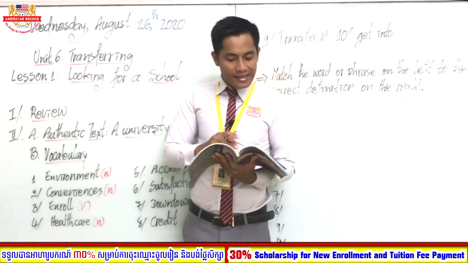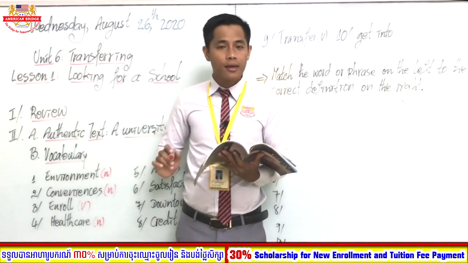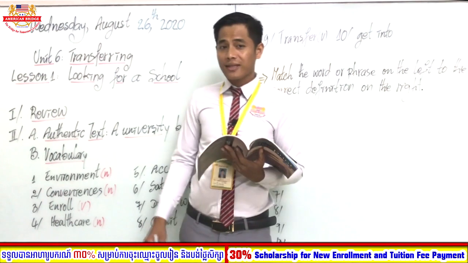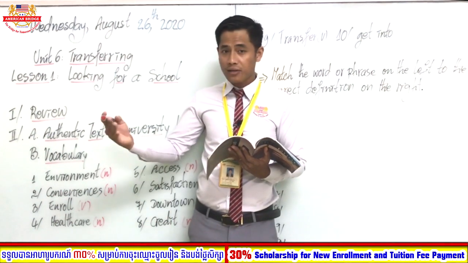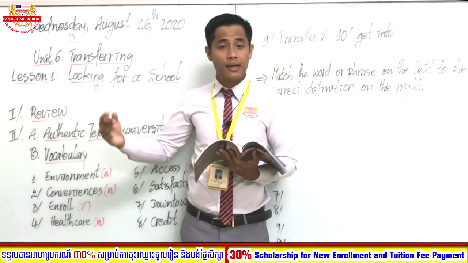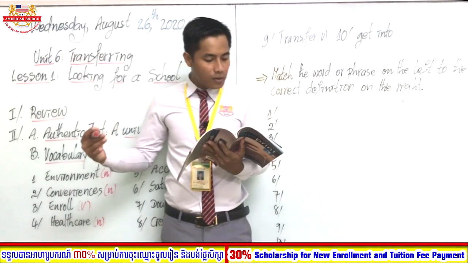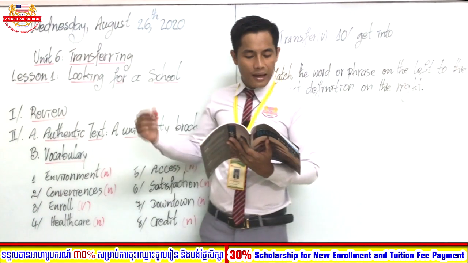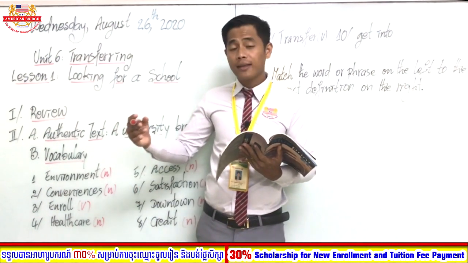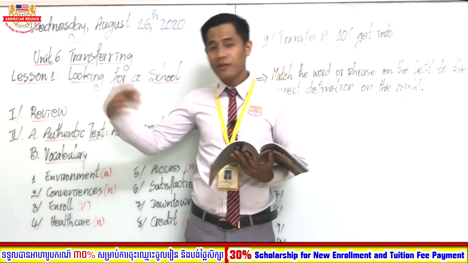This lesson talks about choosing your major. To choose the major to study, you have to research the field or the major that you want to study first. For example, you want to study political science, so you have to research this major. What will you study?